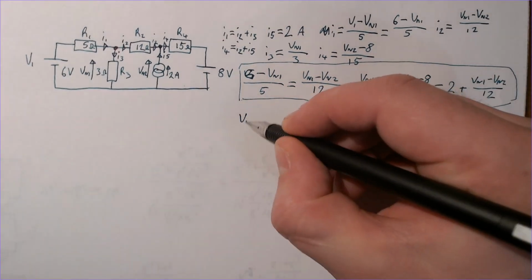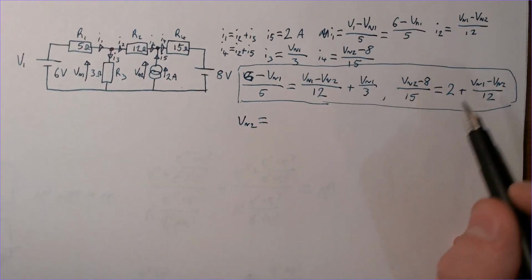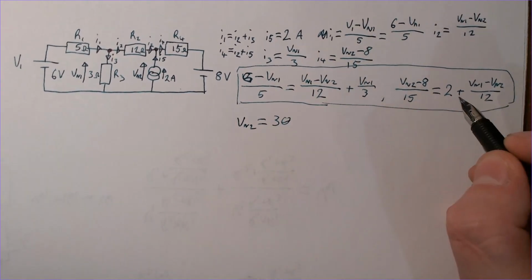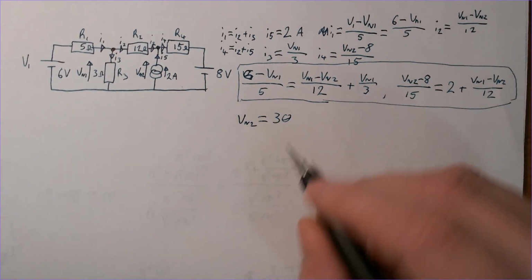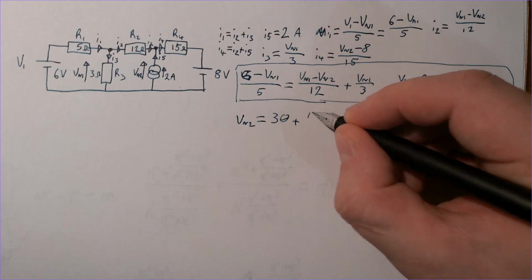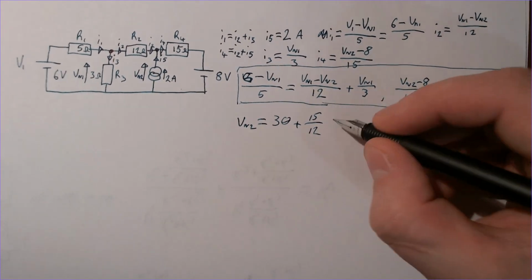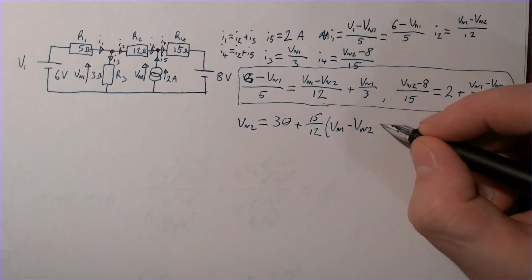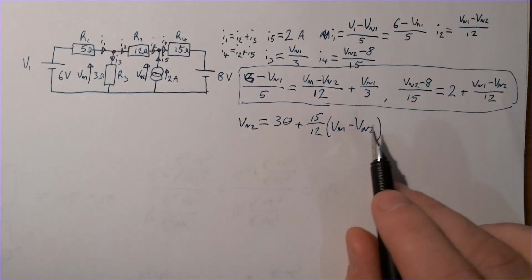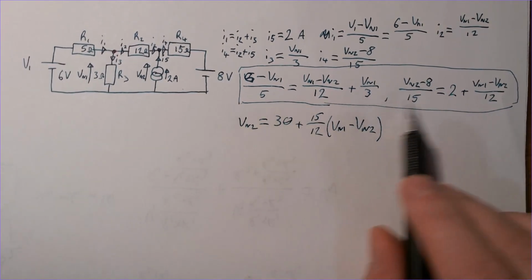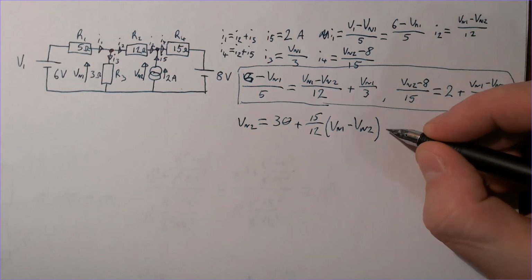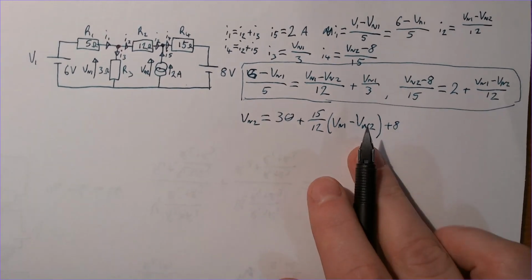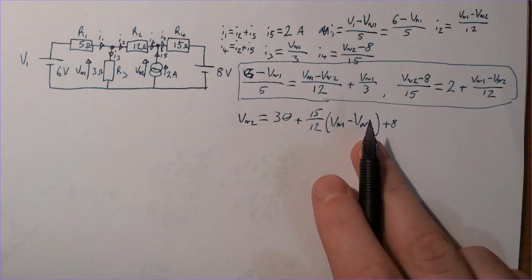So Vn2 equals, move this to the other side, so 30 times 30 plus 15 over 12 Vn1 minus Vn2, and then move that minus 8, so plus 8, so that would be 38. There's still this Vn2 here. We want that on the other side.